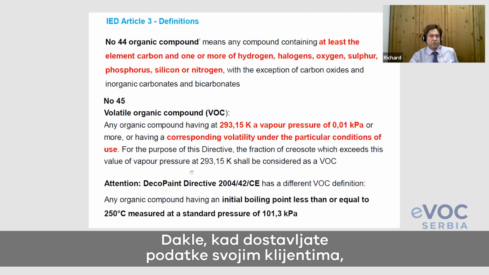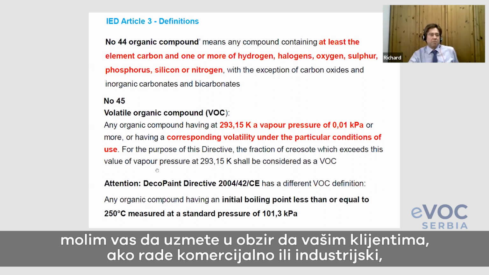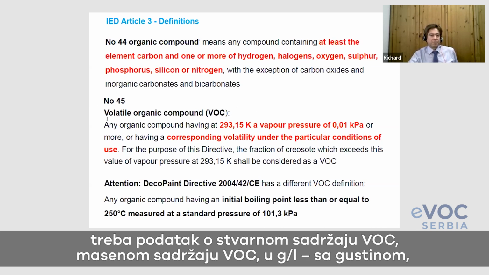So please, if you submit information to your customers, take your customer into account. Maybe if they are working commercial or industrial, they need from you as paint manufacturer the information on the real solvent content.